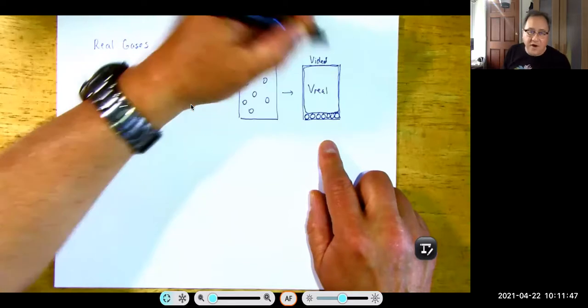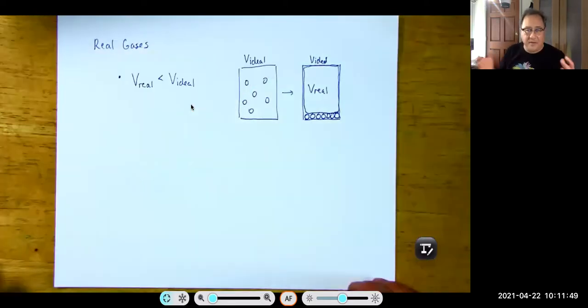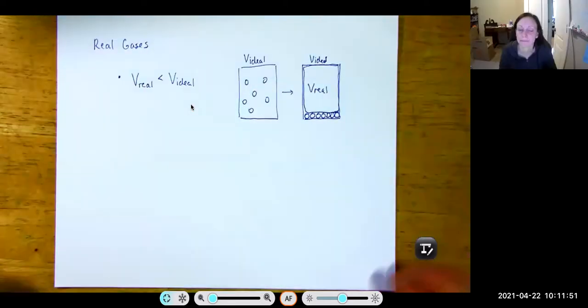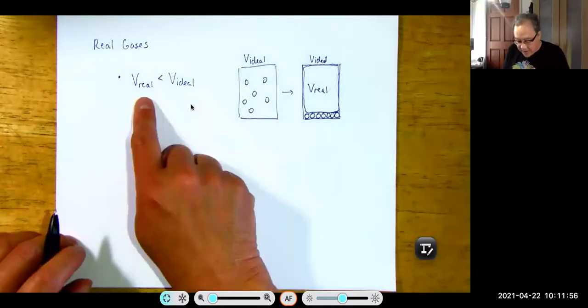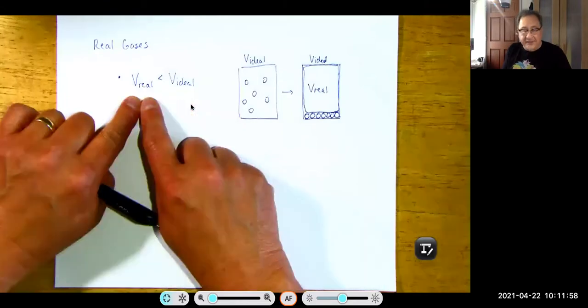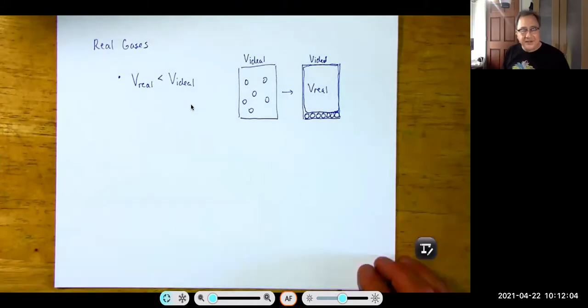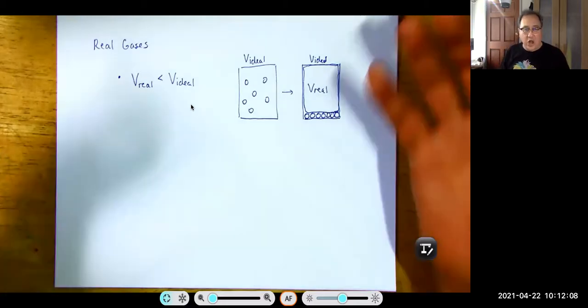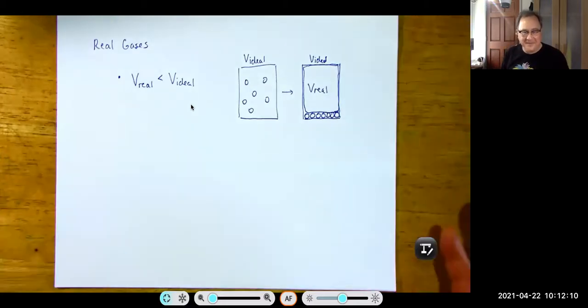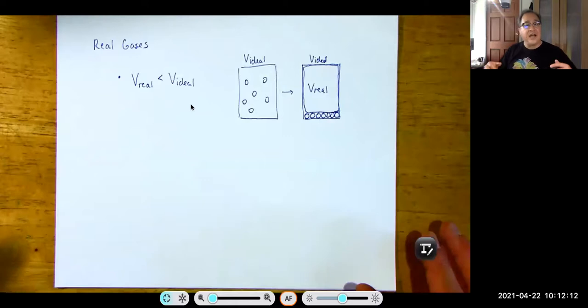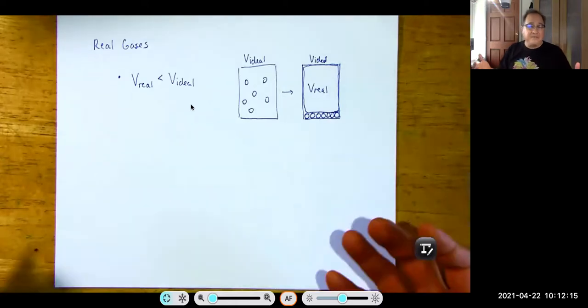That's the real volume that the gas particles have to monkey around in. Do you understand now, by this drawing, that the real volume is less than the ideal volume? So the kinetic molecular theory of gases, like it says, is a theory. It's not a law. It's how we think about how it behaves.